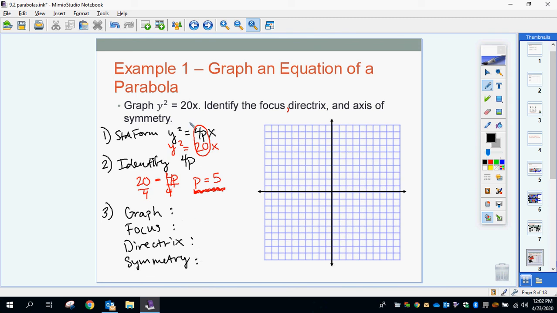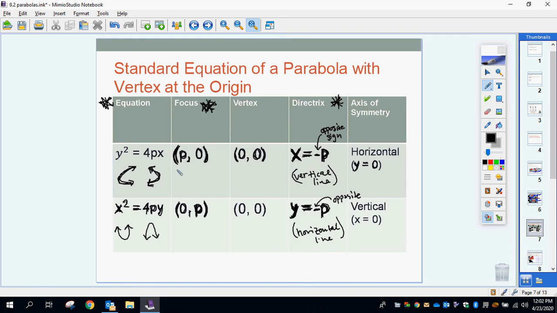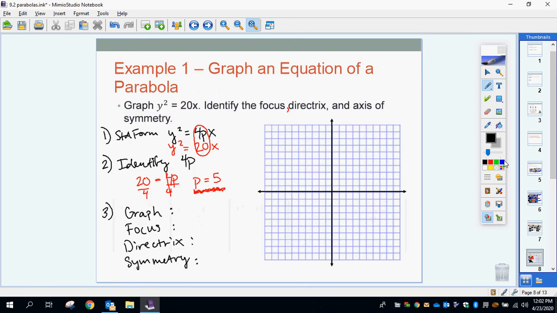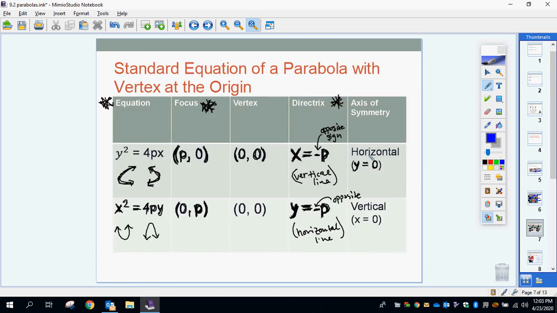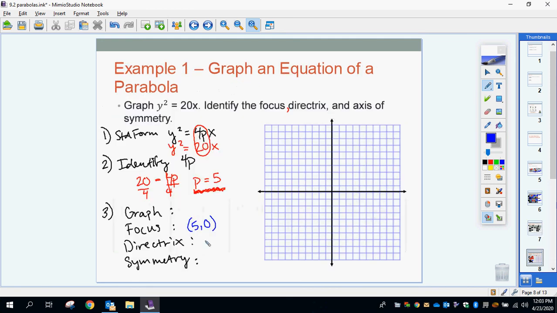If I go back to my chart, my standard form of this graph was y squared, so I know that it's going to be opening either left or right because it's in this row. To find the focus, it's at the point P, 0. If my P was 5, then my focus is 5, 0. My directrix: again, I'm in the first row, so my directrix is a vertical line at x equals opposite P. The opposite of 5 would be -5.